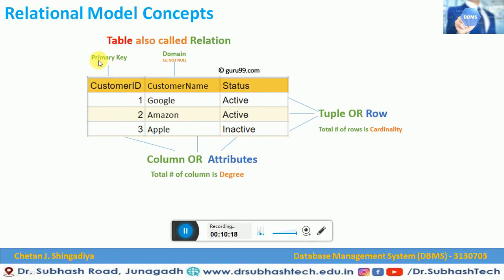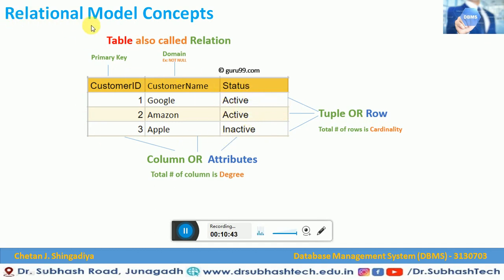Then we have to understand this customer ID. What is that customer ID? It is our primary key. And the domain, for example, is not null, so it should not have any value other than not null. We already know that a table is also called a relation.